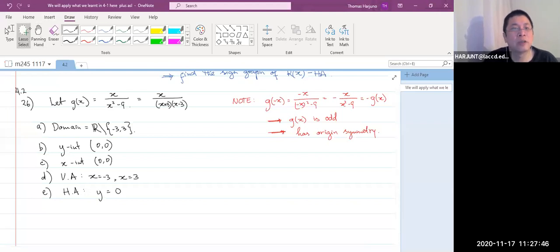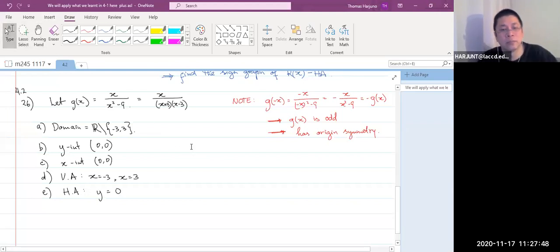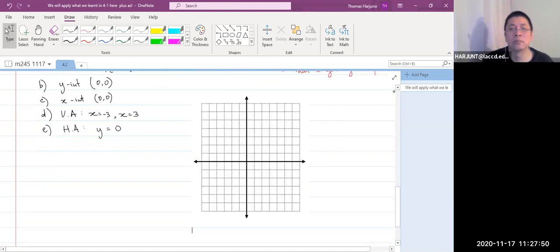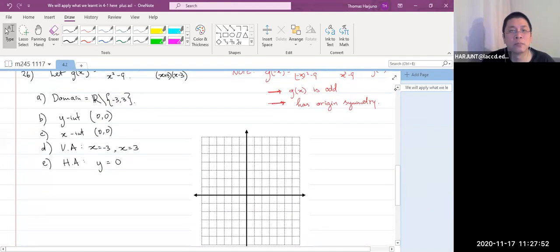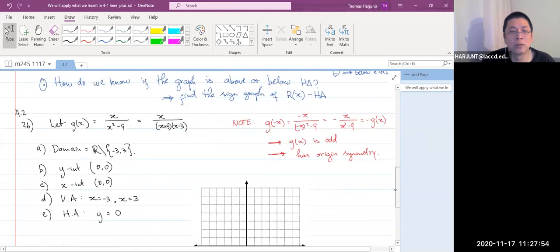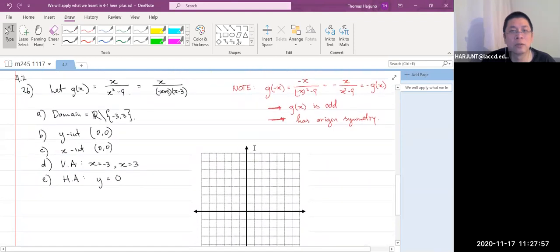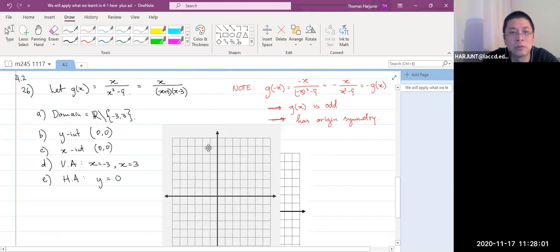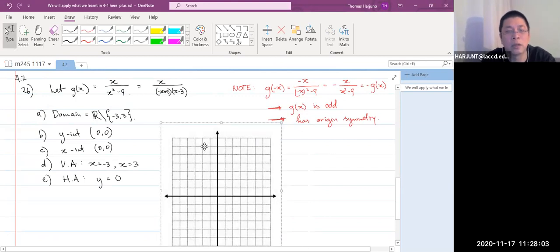Let's start graphing it. The x-intercept and y-intercept are both the origin. The horizontal asymptote is y equals 0. That's the x-axis, so let me draw it this way.